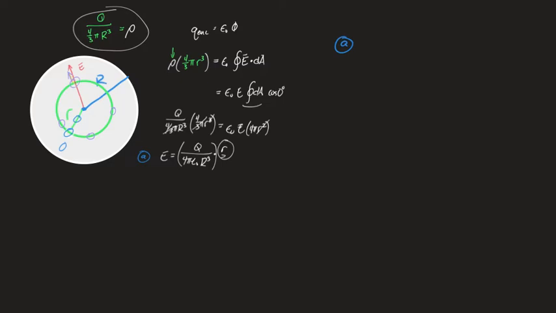All you would have to do is V equals, and now, careful, the total charge is Q plus Q, because the conductor is charged, over 4 pi epsilon naught times 1 over 3R.